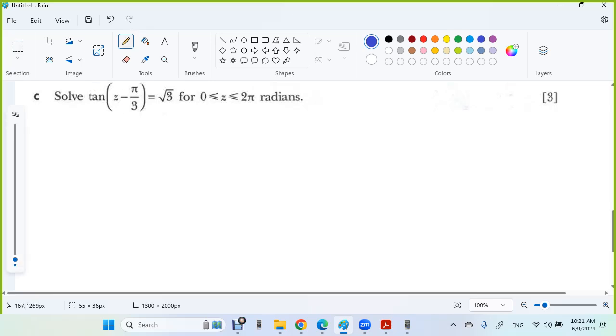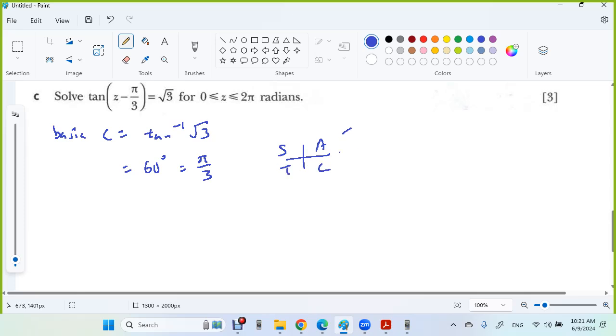C, we have the tangent. So the basic angle will be the arctangent of square root 3. I know this is 60 degrees, pi over 3. So we have the ASTC, tangent positive will be theta and pi plus theta. So z minus pi over 3 will be pi over 3 and pi plus pi over 3.